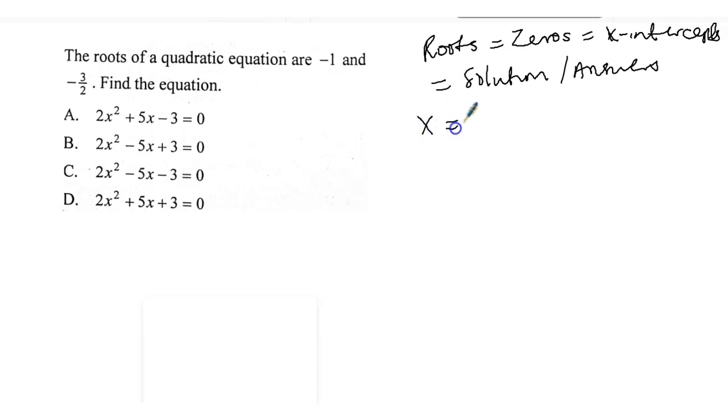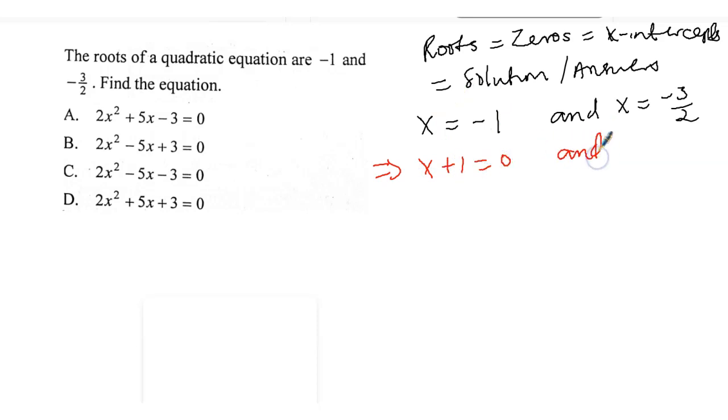That means x is equals to -1 and x is equals to -3 over 2. Now, can we bring it back to the factored form? Yes. So if you want to bring it to the factored form, this implies that x plus 1 must be equals to 0.